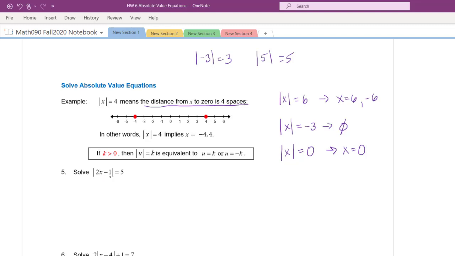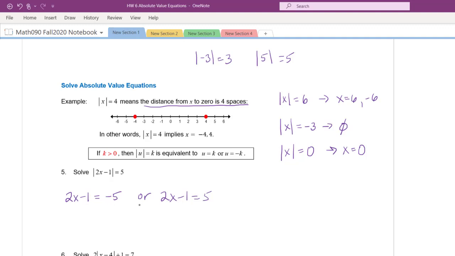Absolute value of 2x minus 1 is equal to 5. 5 is a positive number, so I'm going to get a solution, at least one, and I can split this into two cases. Either 2x minus 1 could be -5, or 2x minus 1 could be +5, and it doesn't matter which one you write first.